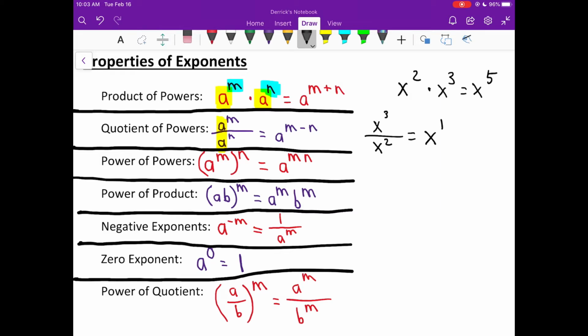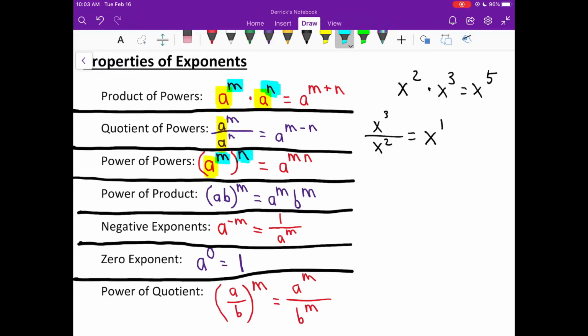Moving on to power of powers. The thing to notice with power of powers versus the last two is that here we have one base but two exponents going to it. Alright, meaning notice in our first two properties we had two separate terms. We had a base with an exponent, and we had a second base with an exponent.